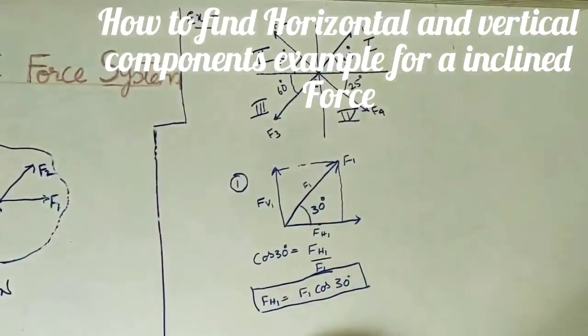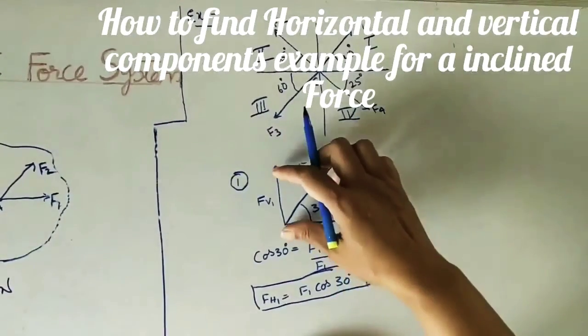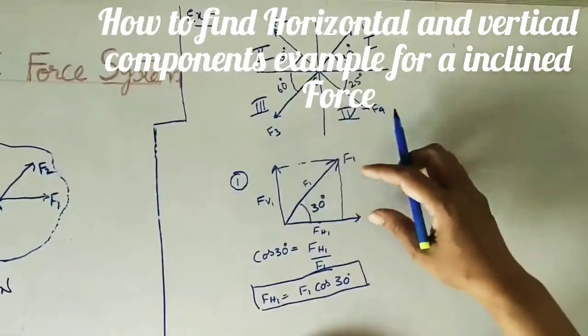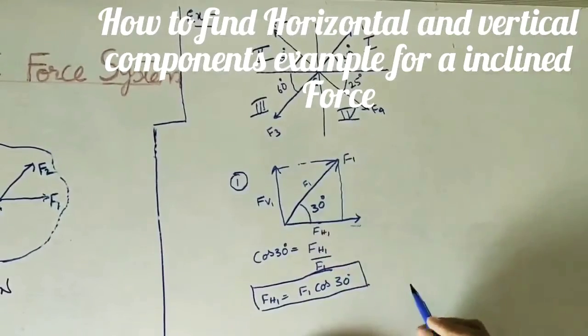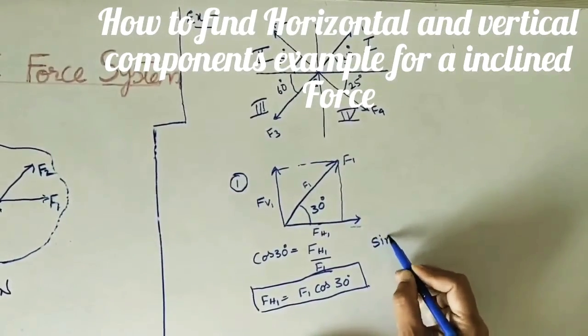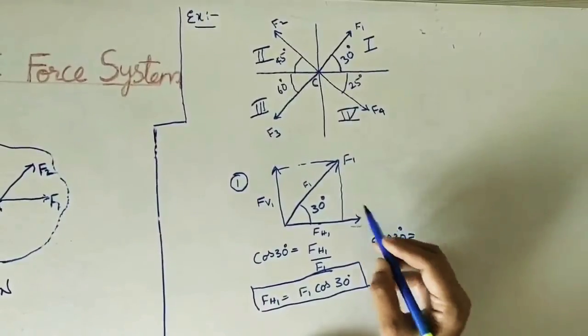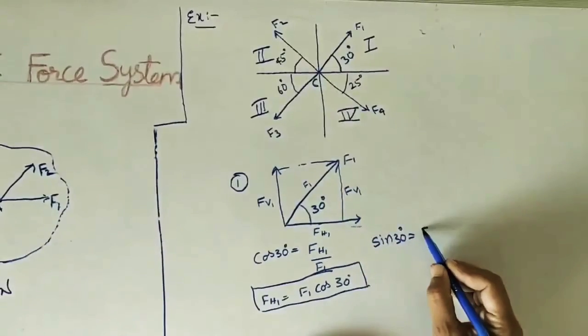Now, next we need to find the vertical component. How to find the vertical component? FV1. So FV1 we have to take in this triangle. Sin 30 is equal to FV1 by F1.